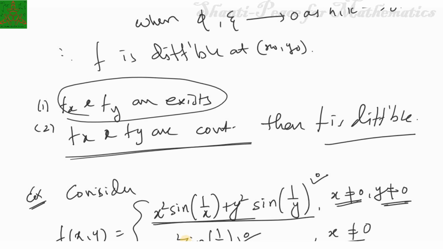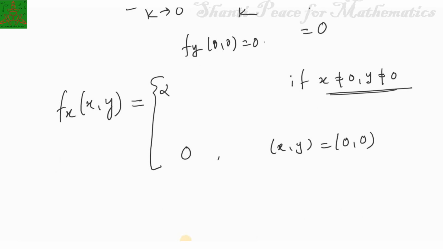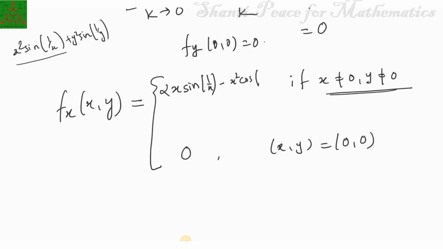So the derivative with respect to x will give you 2x, because that function is x square sine 1 upon x, y square sine 1 upon y. So that will give you 2x sine 1 upon x minus x square, as the derivative of sine is cos 1 upon x, and the derivative of 1 upon x is minus 1 upon x square, and this x square will get cancelled out. So it will have 2x sine 1 upon x minus cos 1 upon x.